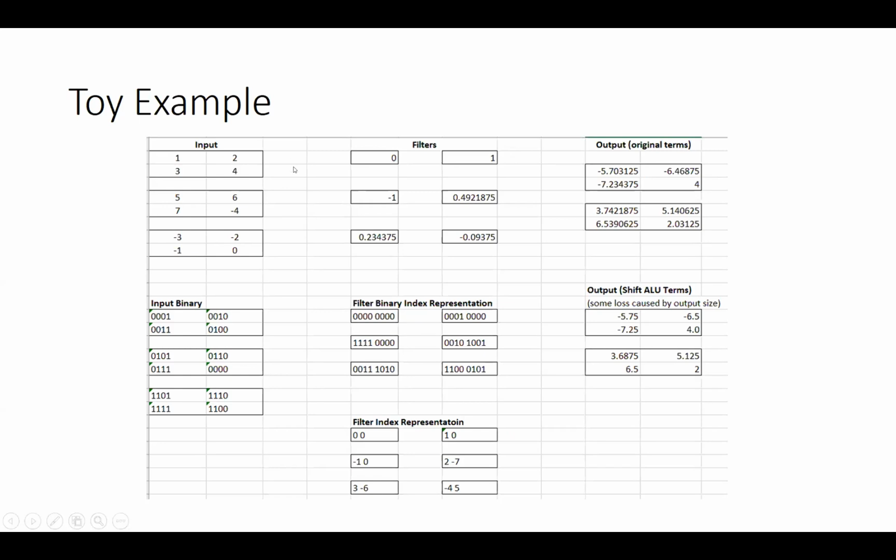So what is going on here is you're basically multiplying 1 into 0 plus 5 into minus 1 plus minus 3 into 0.234375. And you're getting your first output term, which is minus 5.703125. And similarly, you're doing the same with the second filter, and you're getting the second output term.